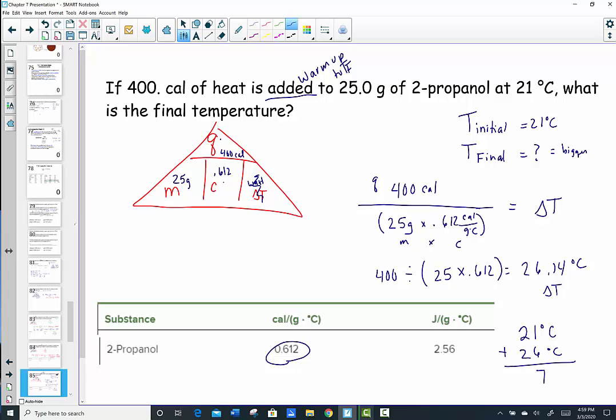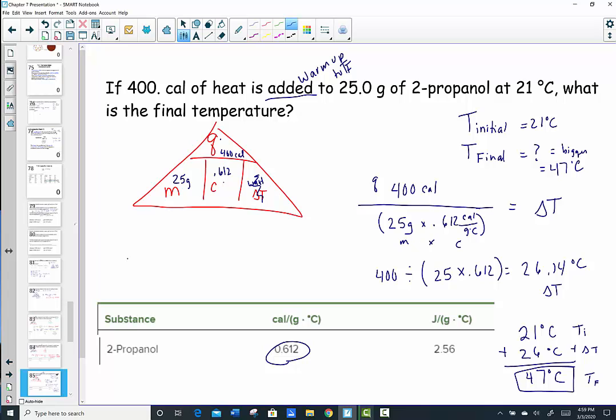So it's going to land at 47 degrees Celsius. It changed by 26 degrees Celsius, so it would end at 47.